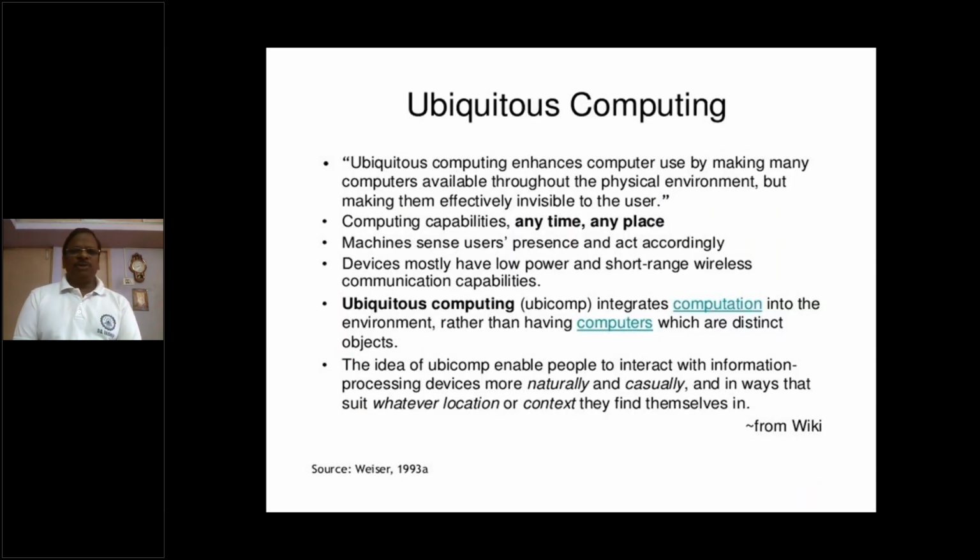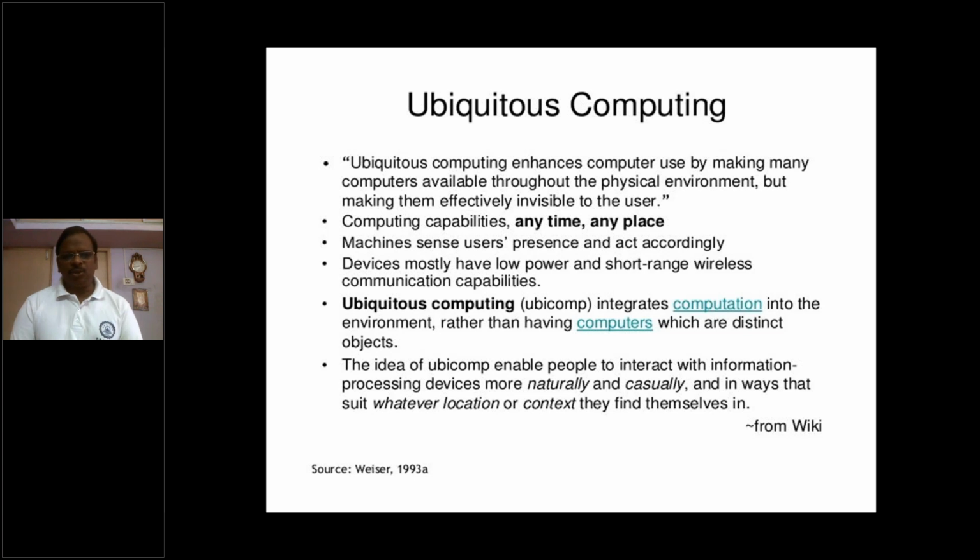Ubiquitous computing enhances computer use by making many computers available throughout the physical environment, but making them effectively invisible to the user. For example, TeamViewer is a very famous ubiquitous computing concept available in Windows-based systems. So we have computing capabilities anytime, any place.